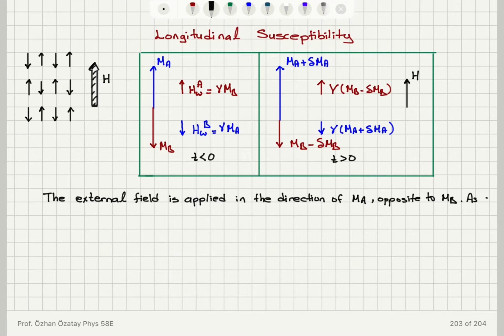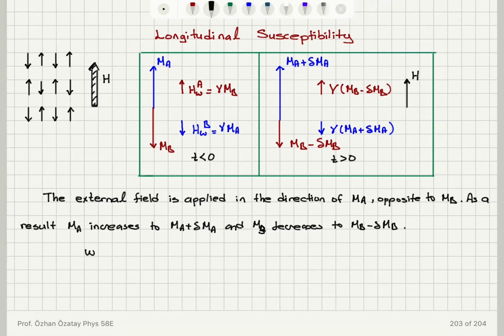As a result, MA increases to MA plus delta MA, and MB decreases to MB minus delta MB. So we expect to see a net magnetization in the direction of the applied field.